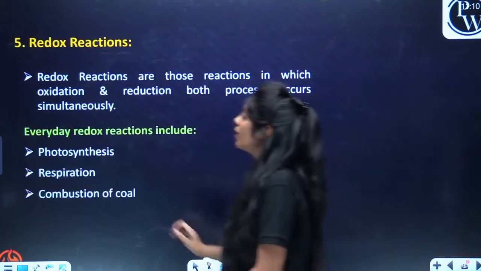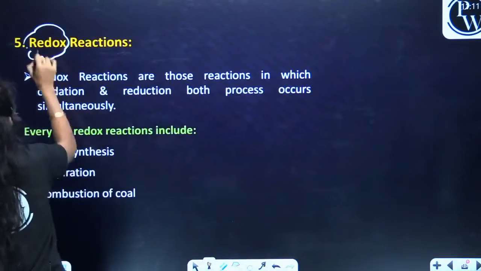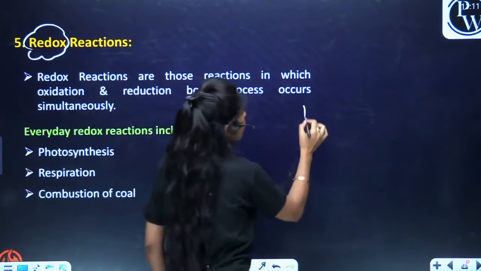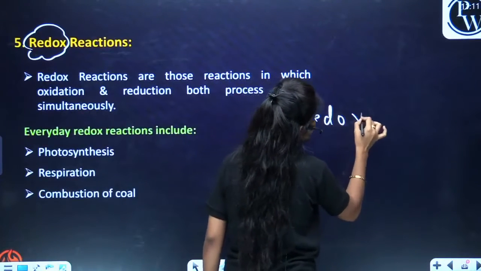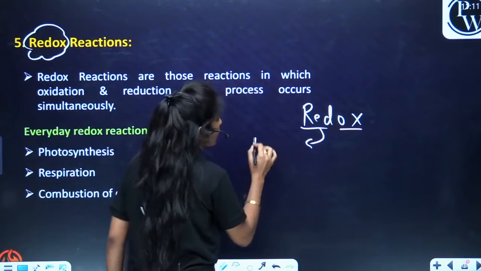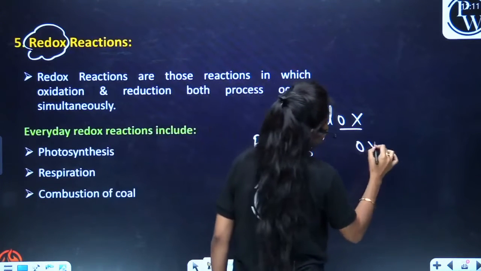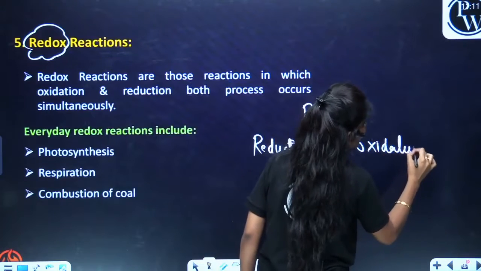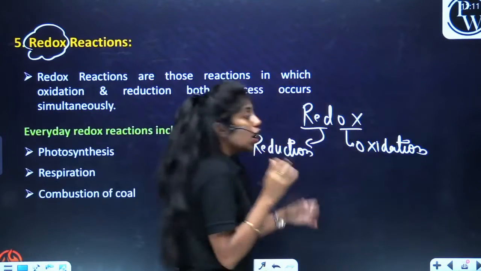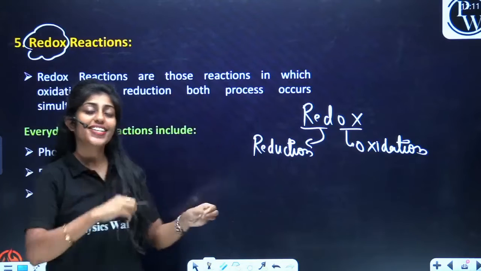Great. Now redox reaction. Most of the students get confused in redox. So what is redox? Redox itself is reduction and oxidation. Suppose we have a reaction in which oxidation and reduction occur simultaneously.